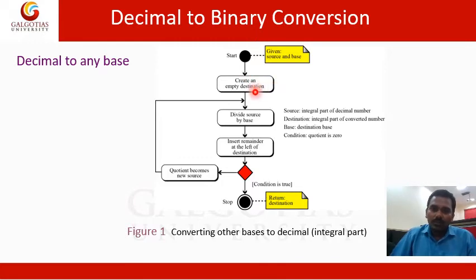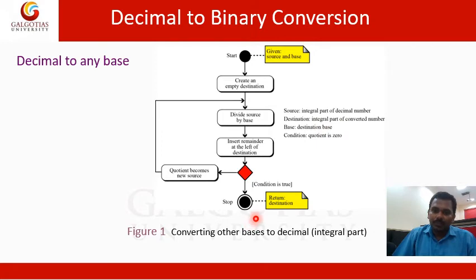We divide the source, that is the decimal number, by the base, and the base is 2 here for binary conversion. After dividing the source, we have remainders, and the quotients are again sent back as the source. The source is again divided by 2, and we continue this process until the quotient becomes 0.